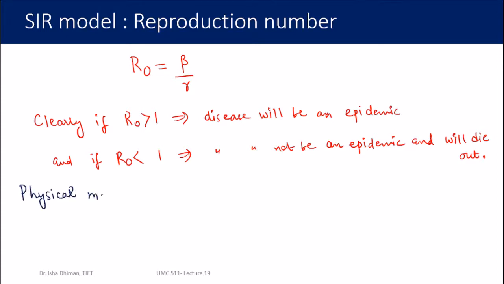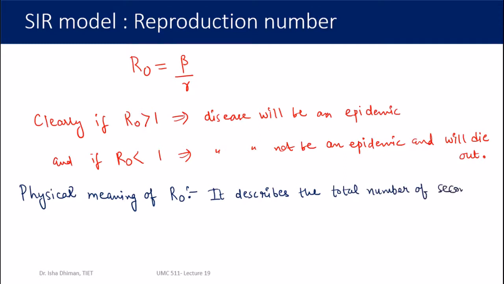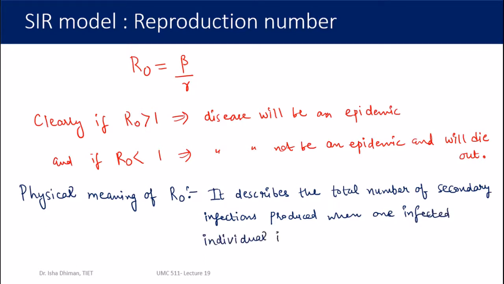This further tells you the physical meaning of R naught, which I've just explained to you. It describes the total number of secondary infections produced when one infected individual is introduced into a disease-free population.